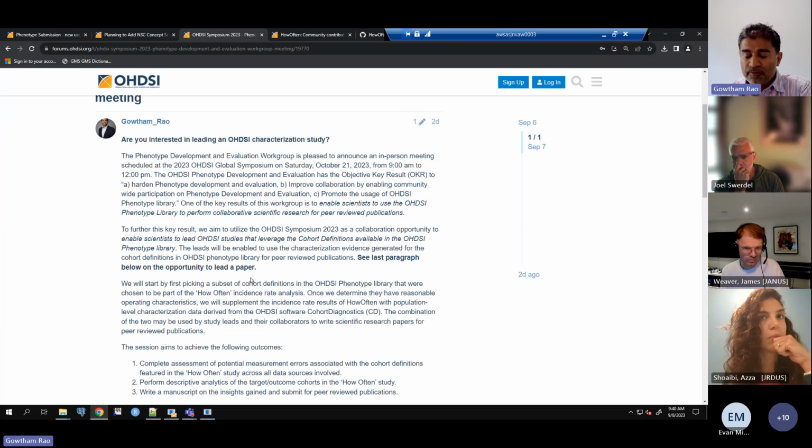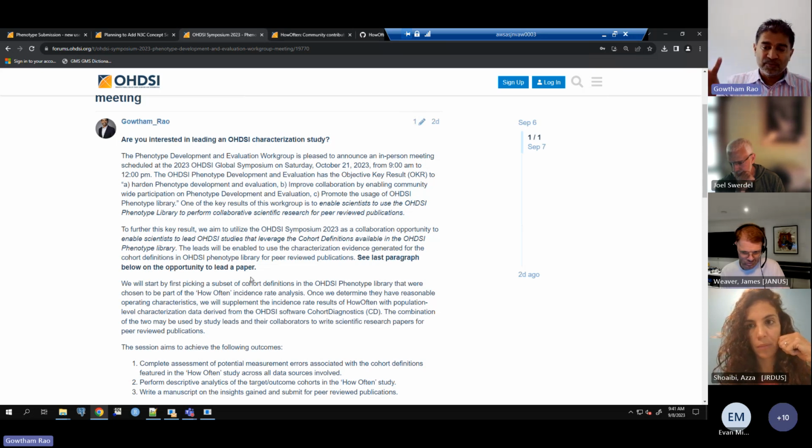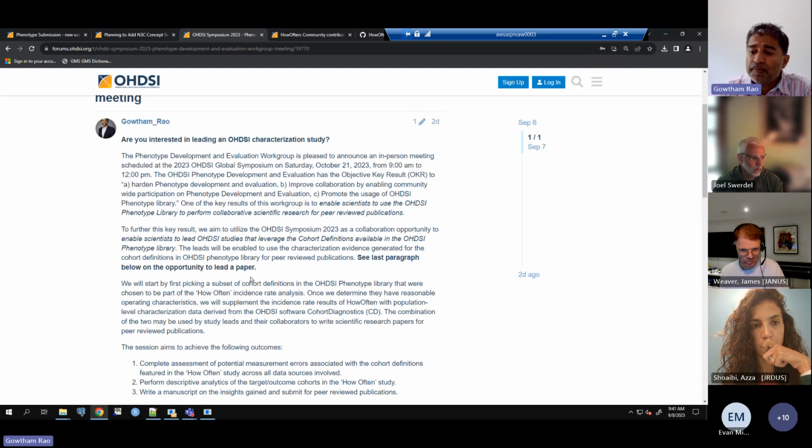We have definitions in the OHDSI Phenotype library. Some of them will be used for How Often, which is a large-scale incidence rate characterization. Let us augment a subset of the How Often cohorts with population level characterization information, so you now have incidence rate analysis and population level characterization, from baseline covariates to temporal covariates.